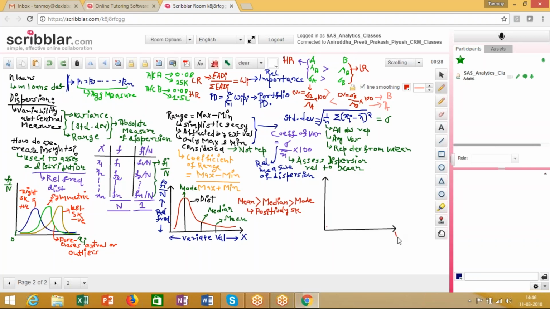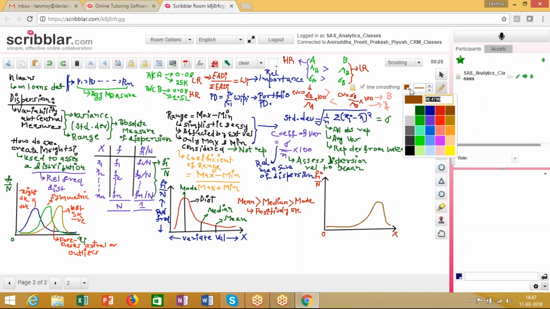I'll have the variable values x, and the relative frequency distribution over here is Fi by n. Say I extend this value like this. Let's have a look into this distribution.